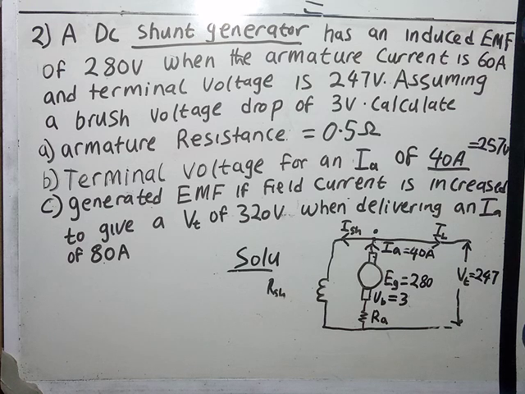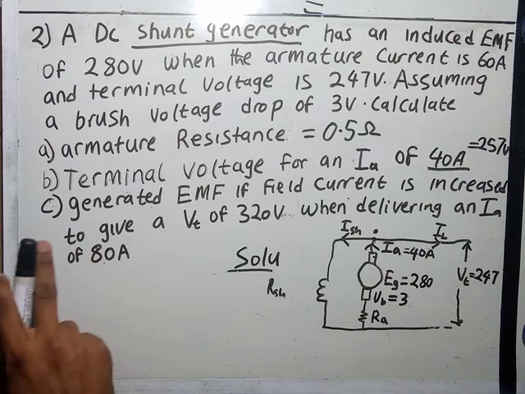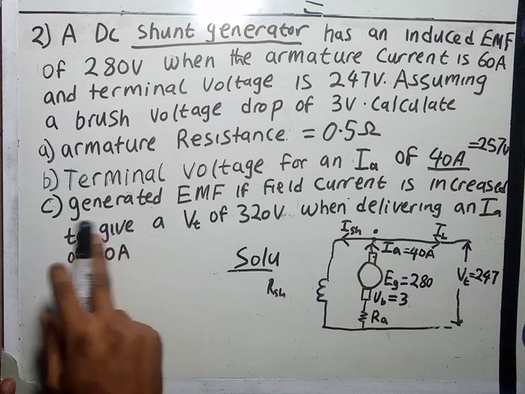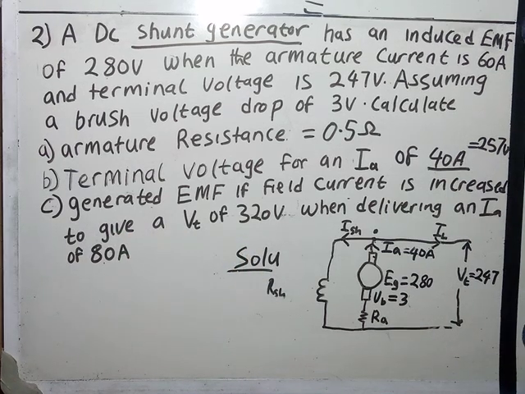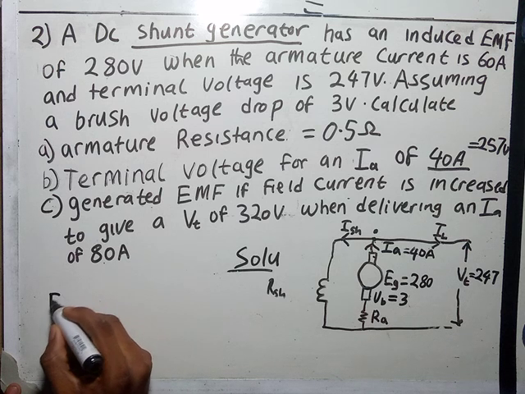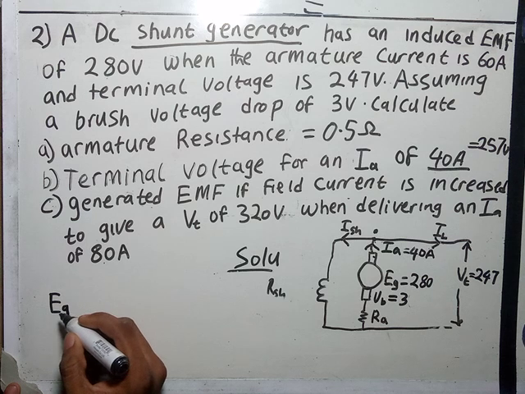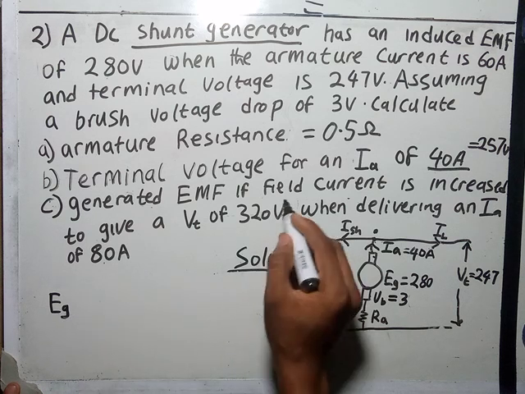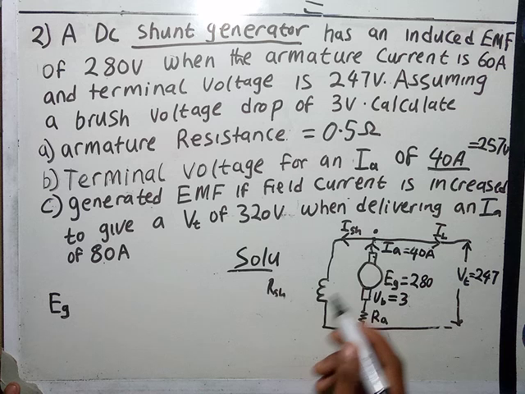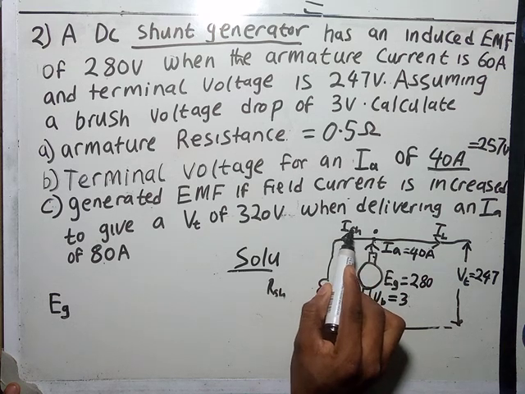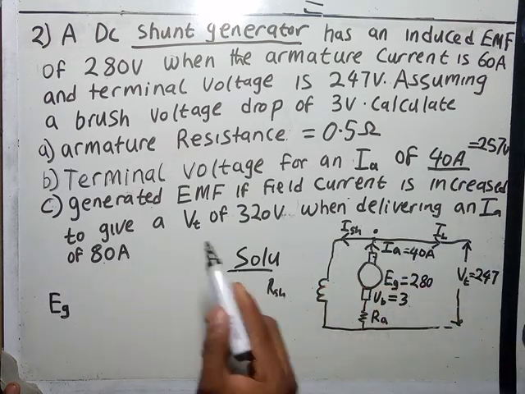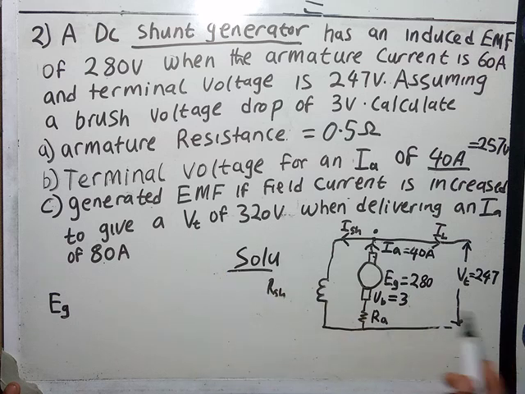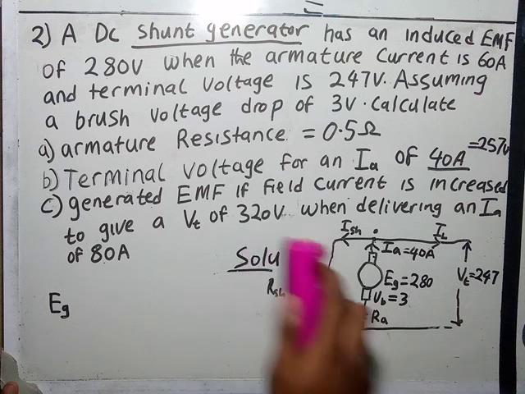The C part is asking us to calculate the generated EMF, EG, if the field current is increased to give a VT, that's a terminal voltage, of 320.